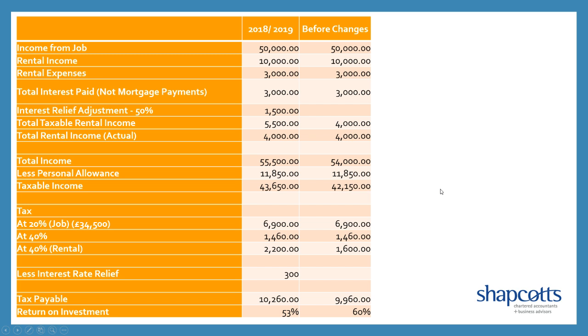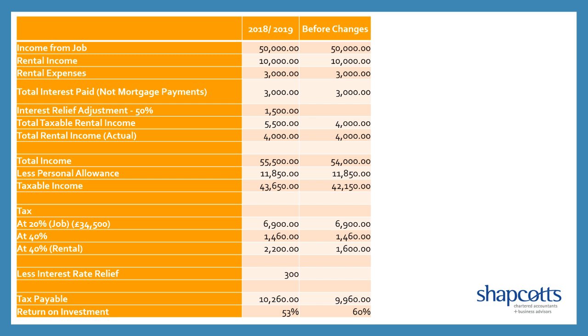So let's just jump on to the high rate tax calculation, because I don't want to dwell on this for too long, but just so you can see the impact it is having from a high rate taxpayer's point of view. So before the changes, we had, in this example, just a 50,000 salary, so not too far into the higher rate threshold, but definitely over. We've got the same rental income calculations.